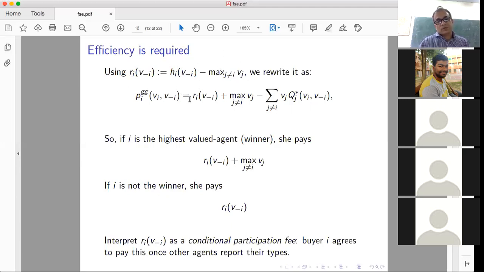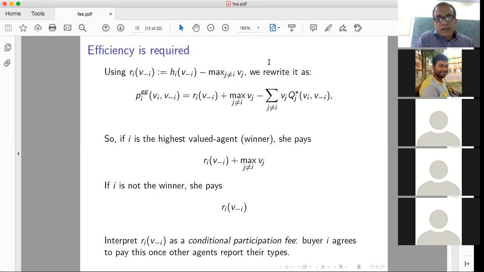We can do that because it only depends on other people's types. I'm trying to say that this is without loss of generality. Any h_i can be converted to an r_i(v_{-i}) plus this. Any other questions?